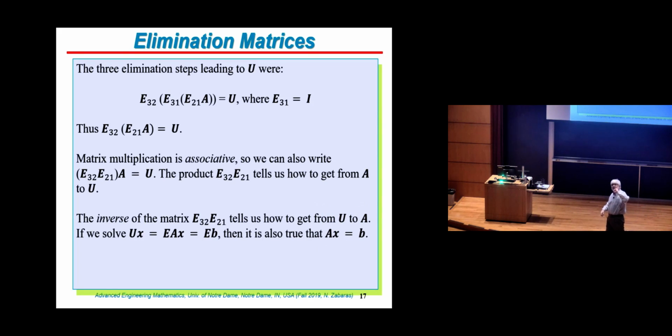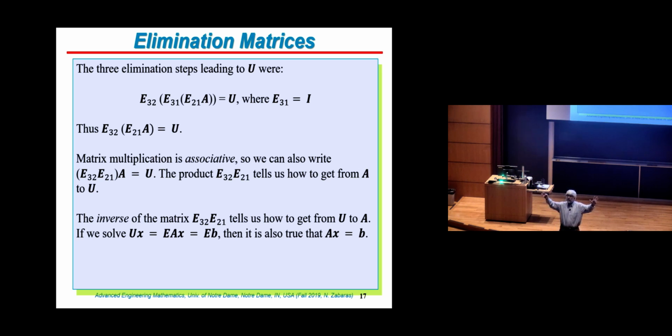Can you tell me what, to be able to say, oh, E cancels, sort of like if it was a scalar, and say, if EAX equal to EB, AX has to be equal to B, what is the requirement for that to be true? I told you when you have multiplications of matrices, you never do cancellation unless it's invertible. Thank you.